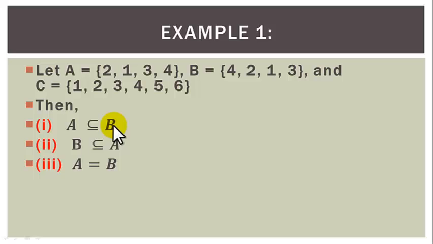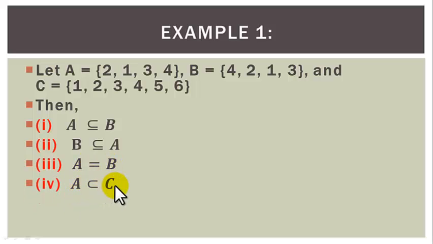Because A is a subset of B and B is a subset of A, that is why A and B are equal. In other words, we can say that two sets are equal if they contain exactly the same element. 4.